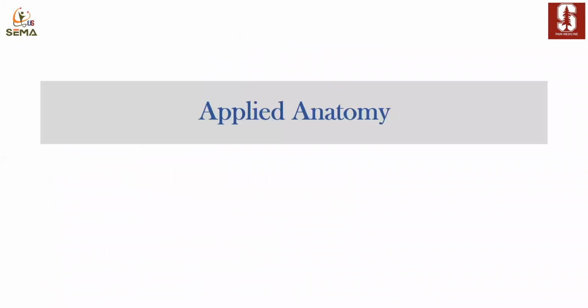Before we dig into this anatomy section, I want to emphasize that this is very important for anyone who is dealing with airway, whether anesthesia, ER physician, critical care, you name it.